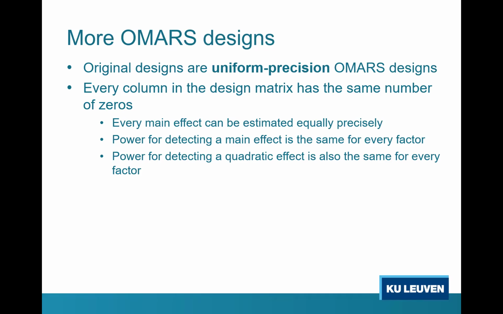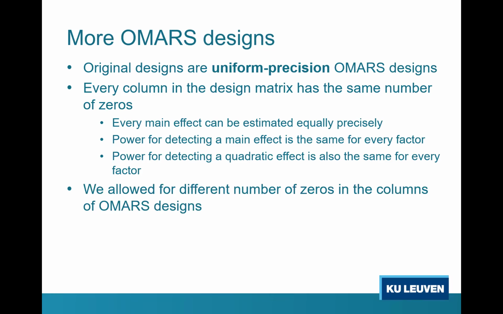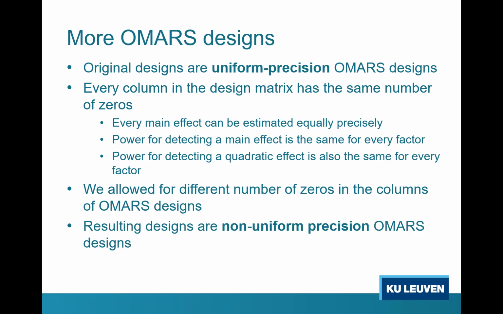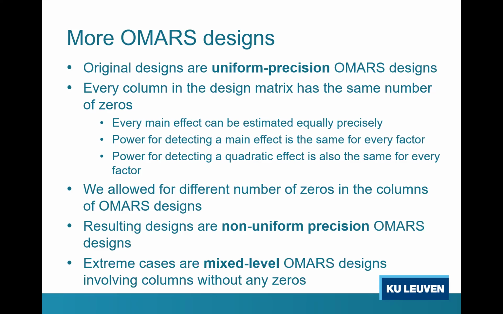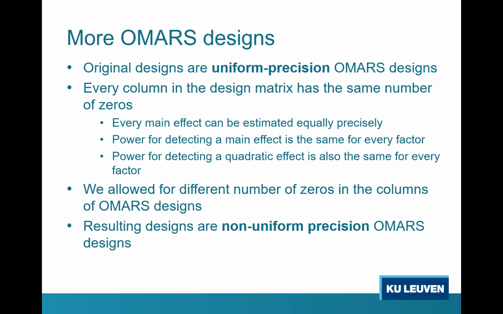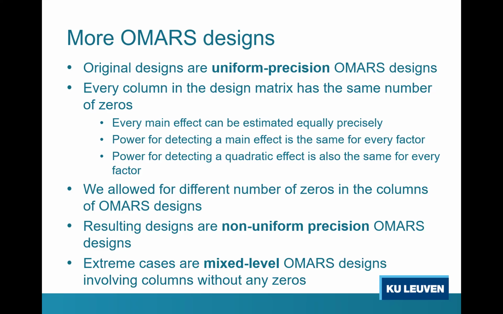So we relaxed the requirement that the designs had to be uniform precision OMARS designs. We allowed different numbers of zeros in the various columns. Technically speaking, that means that we started to create also non-uniform precision OMARS designs. Extreme cases of that are OMARS designs in which certain columns do not have any zeros at all.